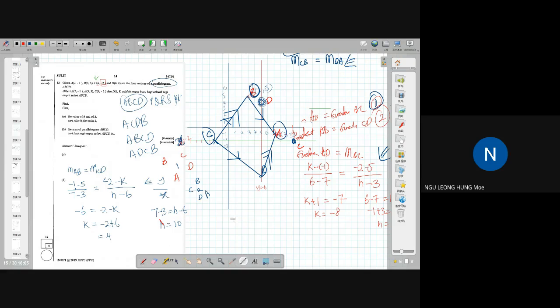So, you tengok. A, B, D, pergi sini. Okay, macam ini. Nampak macam parallelogram, tetapi A, B, D, C.